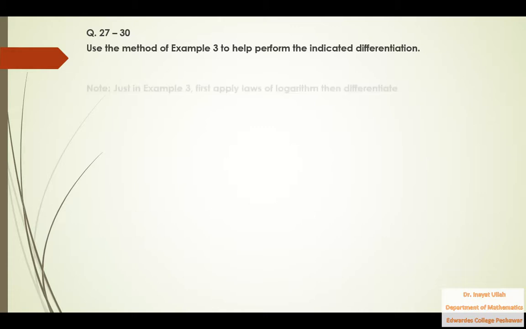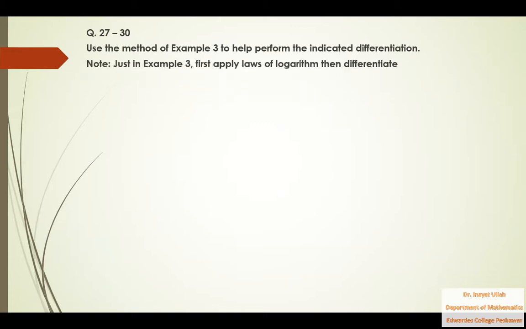What is the method performed in example 3? In example 3, we need to apply the laws of logarithm first to simplify the given function. So first of all, use the laws of logarithm and then differentiate the given function. That is the workout in example 3.